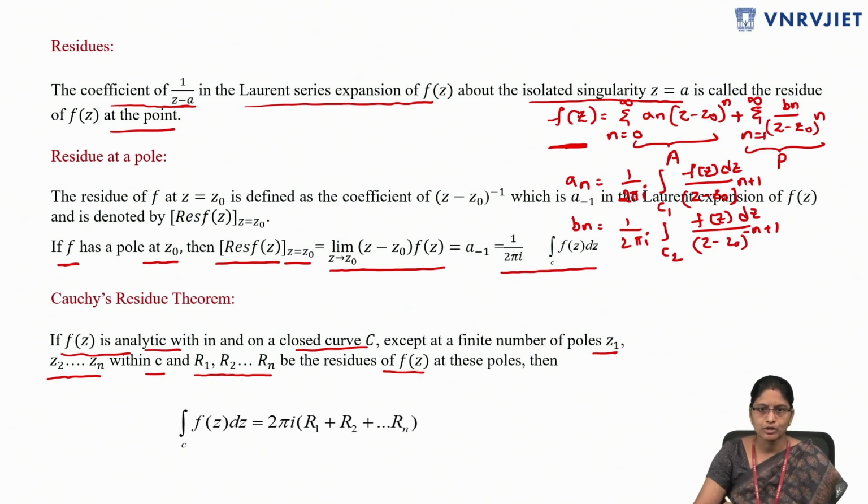Then it is given by integral over c f of z dz is equal to 2 pi i into the sum of residues, where the sum of residues means R1 plus R2 plus R3 up to Rn.